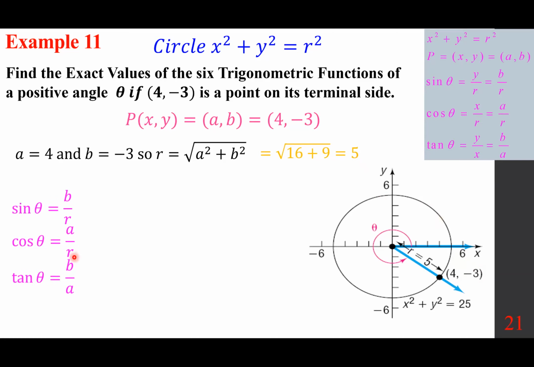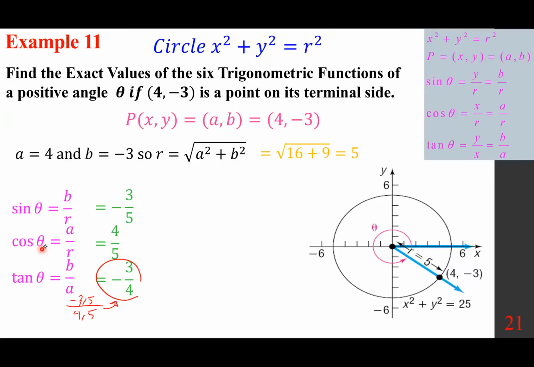So b over r, a over r, b over a. So b over r, as I mentioned, -3 over 5, a over r, 4 over 5, and the ratio of the two is really the ratio of these two, -3/4, because this one I can write as such.